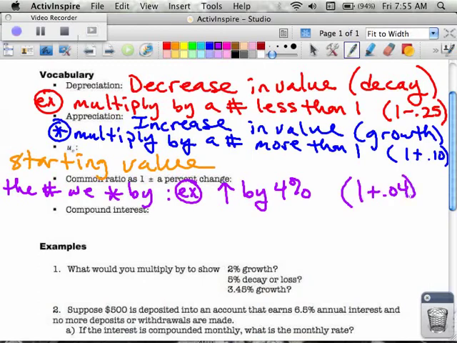If we were going down by 5%, we'd be multiplying by 1 minus 0.05. And I'm going to show you this in your calculator in just a moment.